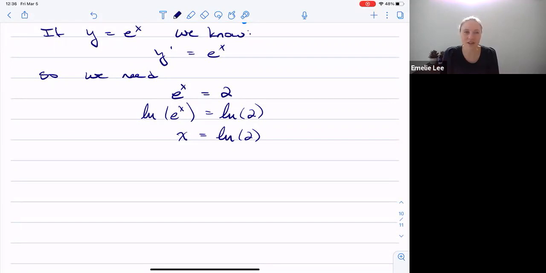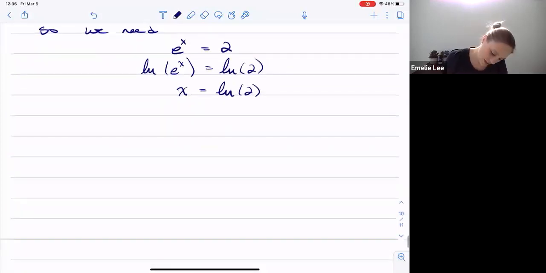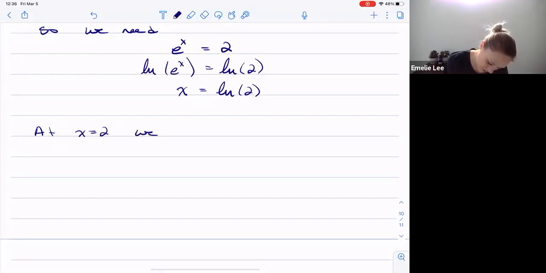At x equals the log of 2, I can find the y value, and it should be 2 because we have the inside scoop on e to the x, but we can just confirm. We find that y equals e to the x.